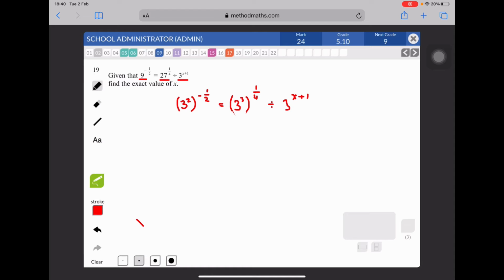So now we will expand the brackets. 2 multiplied by -1/2 is -1. 3 multiplied by 1/4 is 3/4, divided by 3^(x+1).